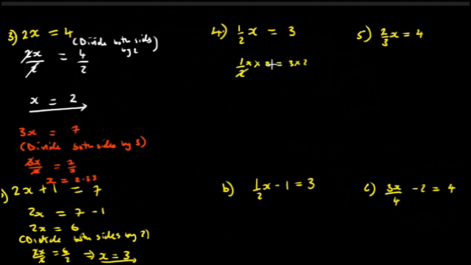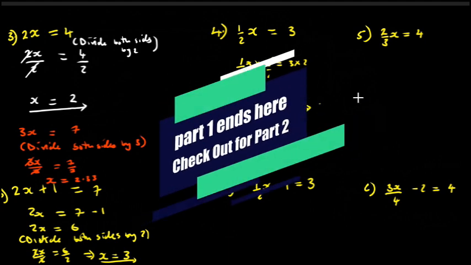So this 2 is going to cancel that 2 because this is a 2 over 1. We are going to be left with 1x. But 1x, you and I know that the answer is simply going to be x is equal to 3 times 2, which is 6. We have solved our equation.